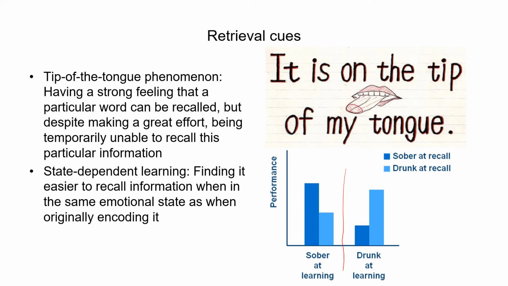In this study they got people to drink until they were at a certain blood alcohol level. When they do research on this, they try to get them right at a consistent blood alcohol level.